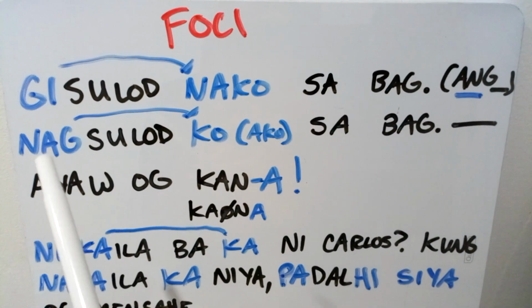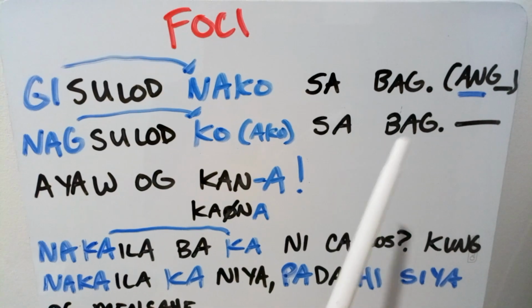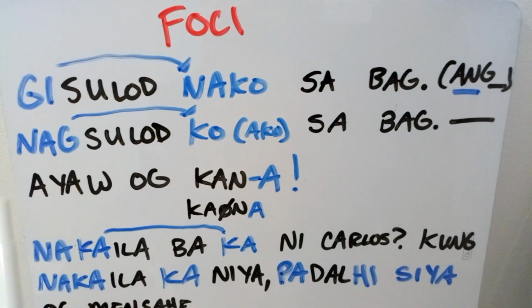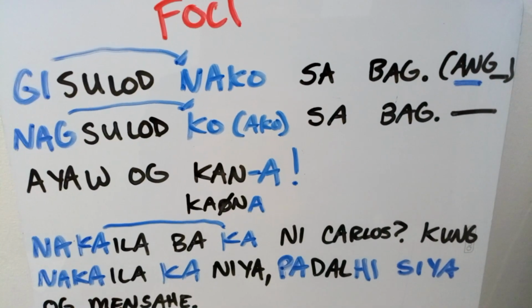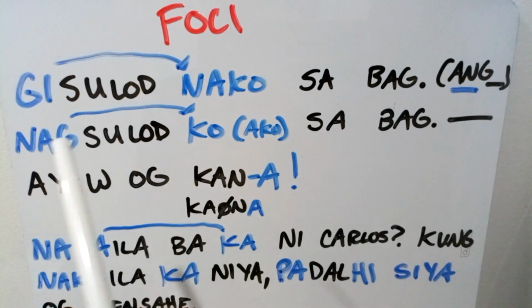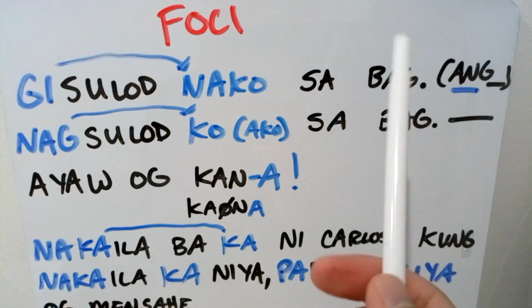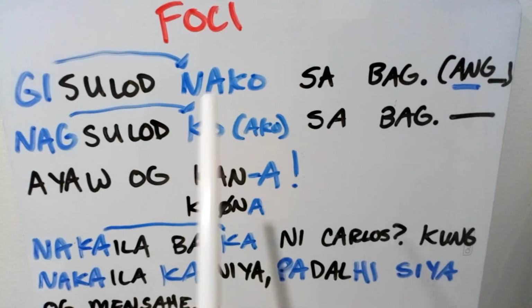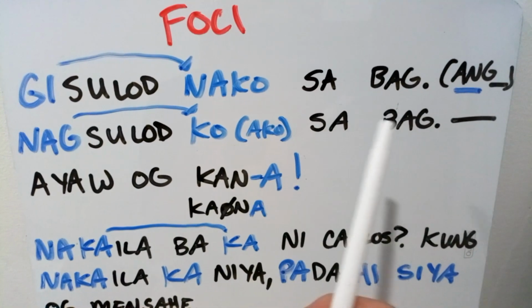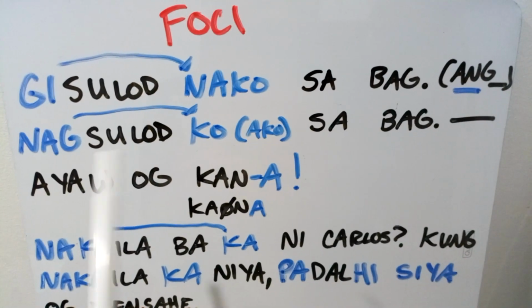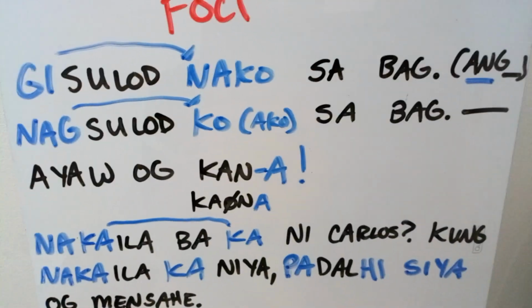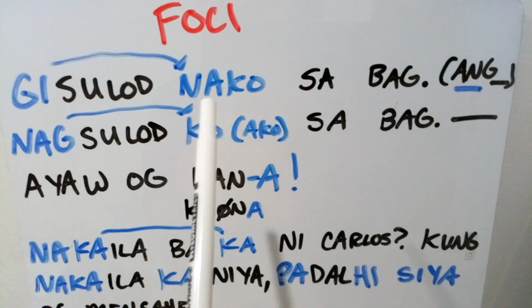So if you said nagsulod ko sa bag, this means I am the one that went inside the bag. So watch out, because gisulod na ko sa bag means you placed something in the bag, versus nagsulod ko sa bag means I am the one inside the bag. I'm the one that put myself in the bag, right?